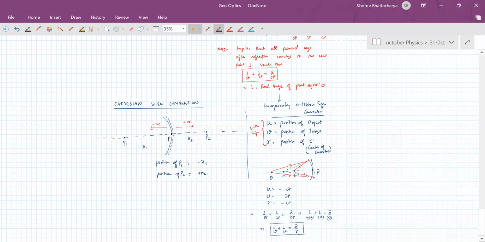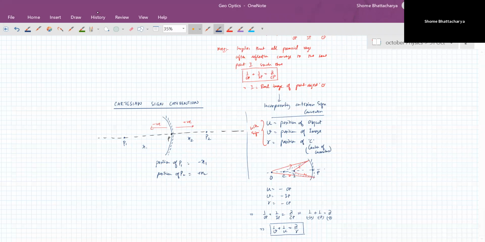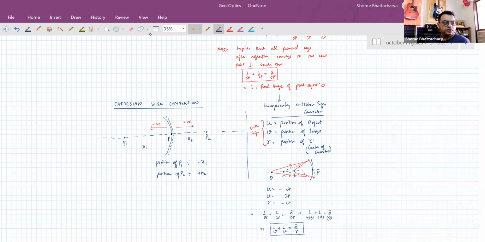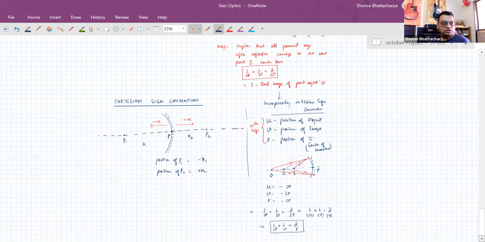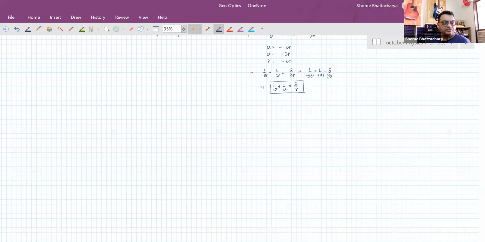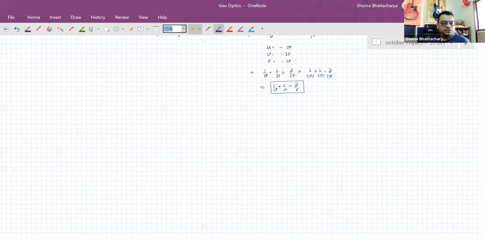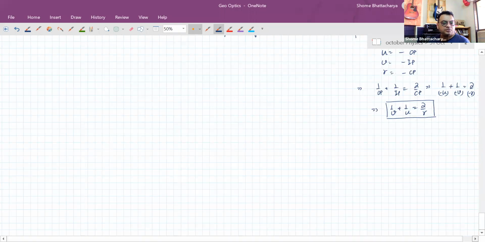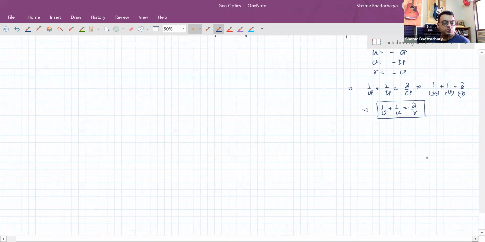Okay, so far we will just treat this as the formula for the concave mirror. We'll later show that with sign convention we get the same formula for convex mirror also, but so far just assume that this is the formula that we have for concave mirror. When we are actually applying this in a numerical problem, we must substitute all the quantities with proper sign.